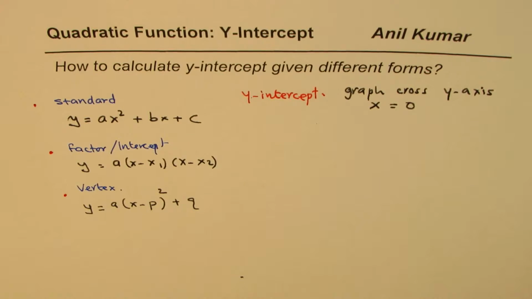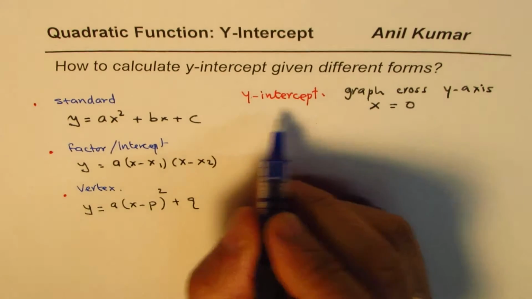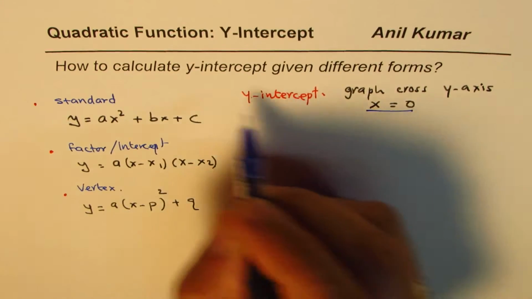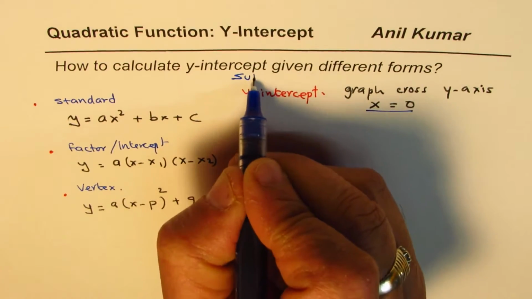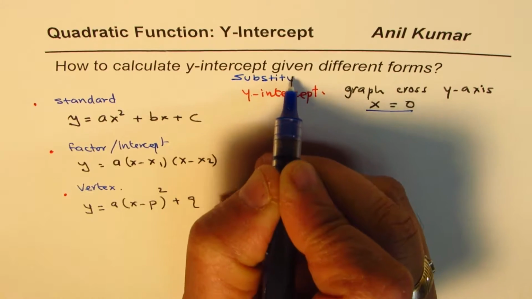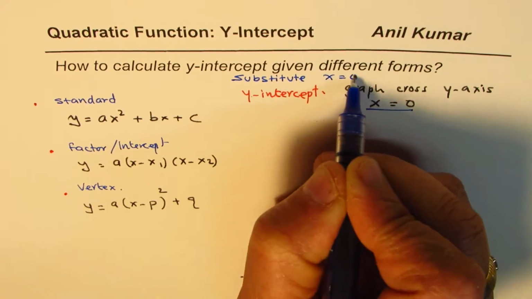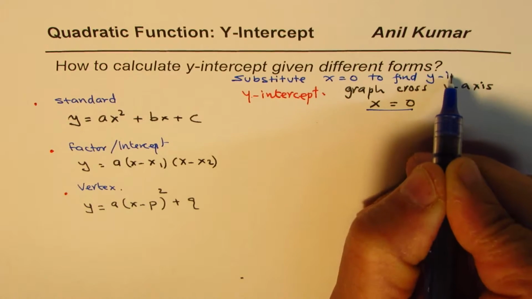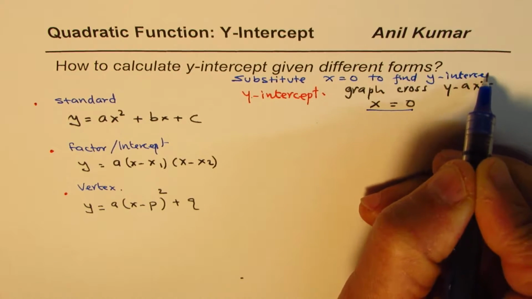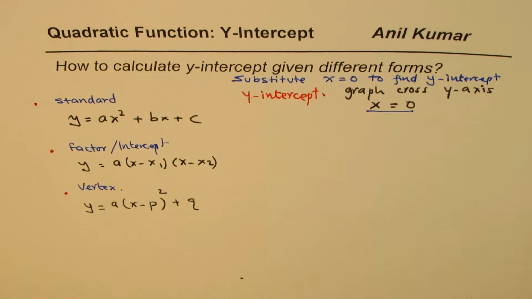So what you do here is substitute x equals 0. How do you find the y-intercept? You substitute x equals 0 to find the y-intercept. That's so simple. So let me take some examples and then we'll find the y-intercept.